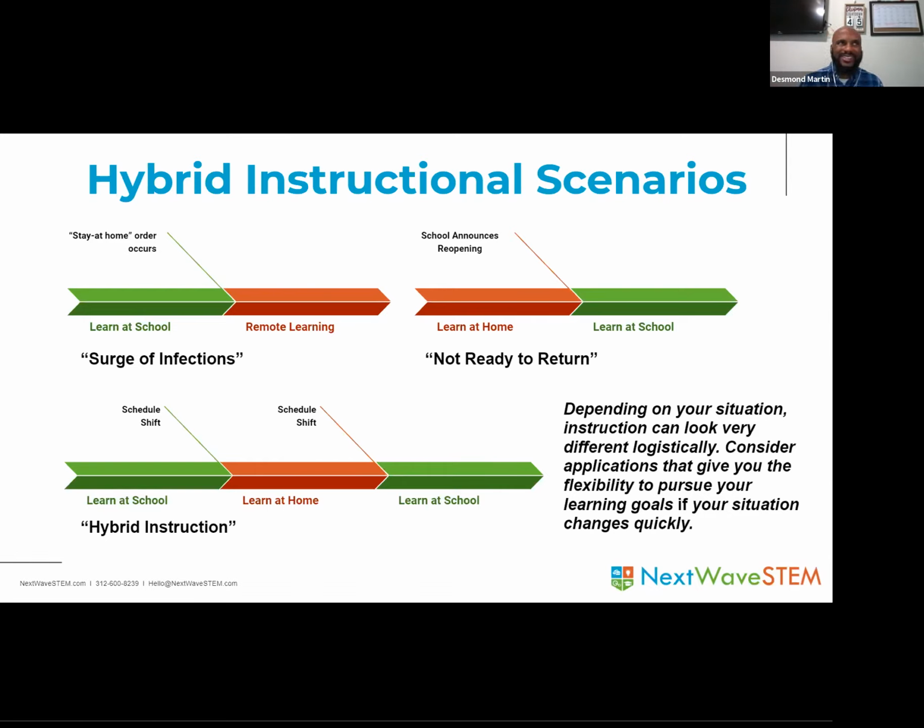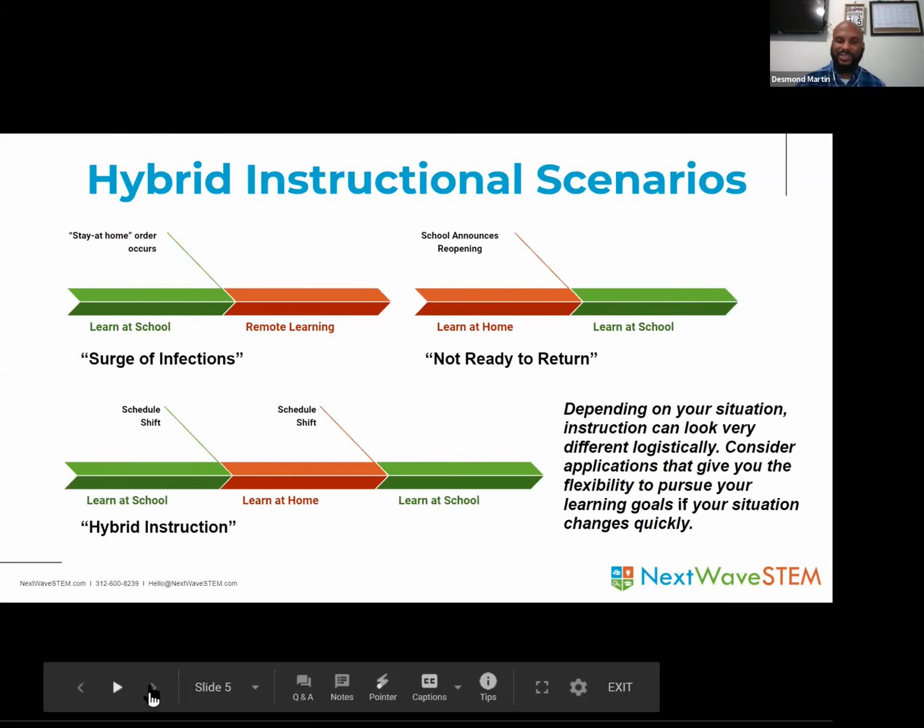This gives us some particular challenges when we think about lesson planning, but also gives us a particular opportunity: even though we are forced into this remote learning environment, there are still opportunities for those hands-on touch points with our students, whether that's us seeing them in person and being able to interact, or them working with our equipment. The situations can look really different logistically, and we want to make sure that we consider technologies that are adaptable to those situations.